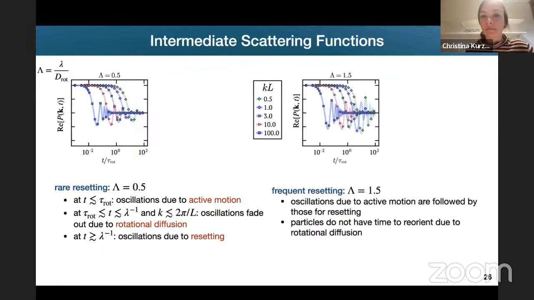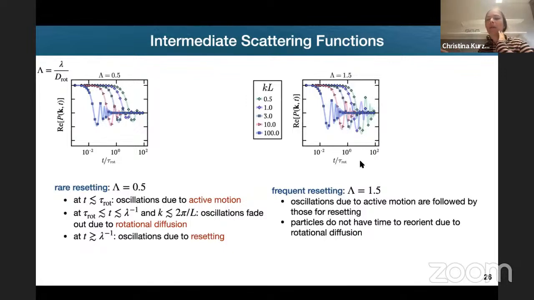Now, if we move to a larger lambda, we know that the particles realign with the field before rotational diffusion has changed their swimming direction. So we see first oscillations, again, due to active motion, and they're immediately followed by those for resetting.